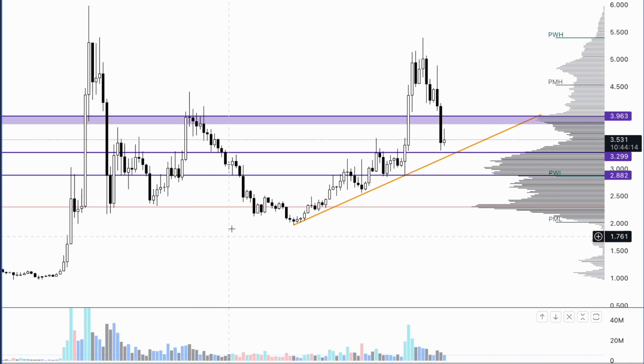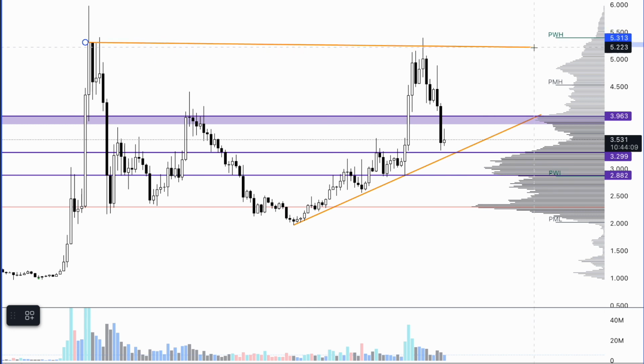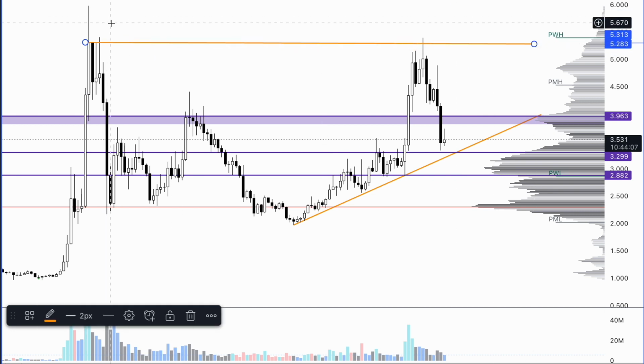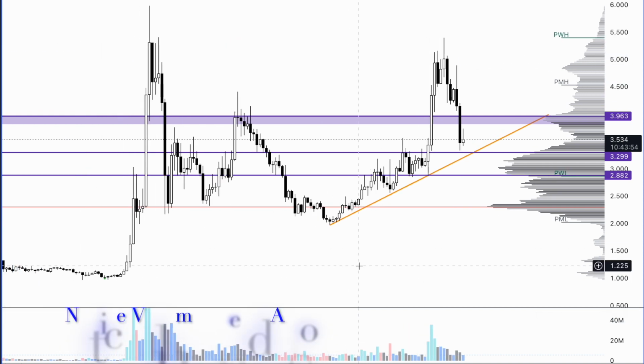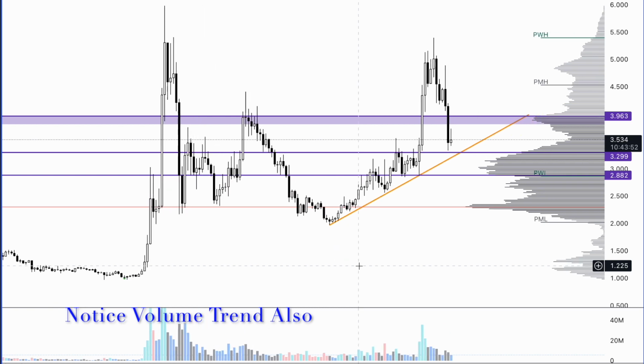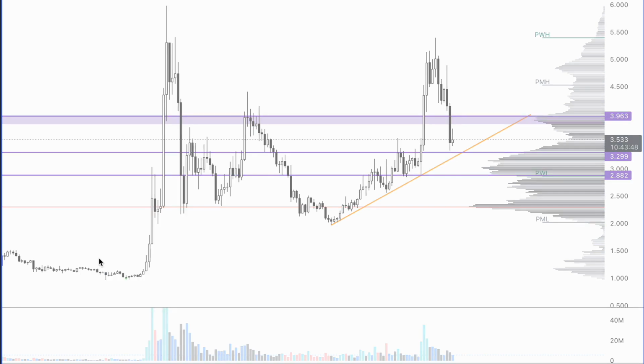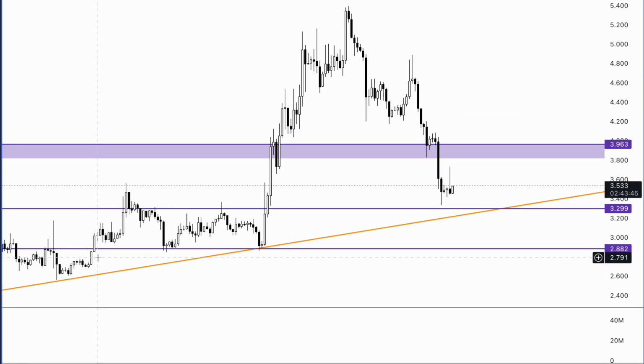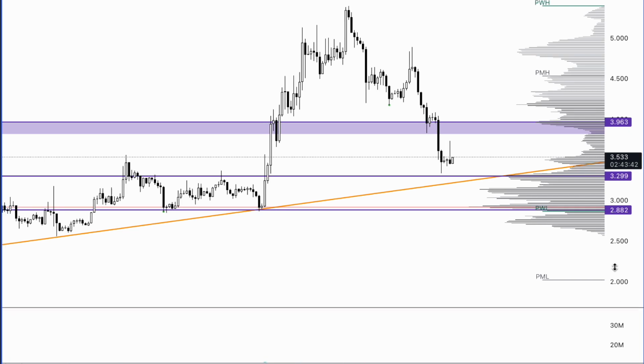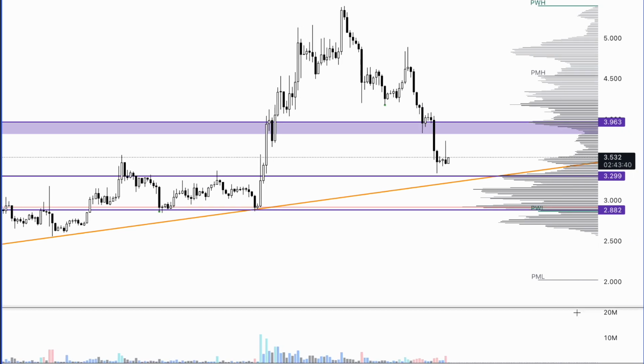I don't draw the line because I don't need to, because I can just see it. Even if you look at the wicks, or the bodies, you can see that the bulk of this peak was definitely higher on this first run up. So to me, I see weakness. I think it goes lower. I'm not going to enter here. There's just no real entry there. It just doesn't necessarily make sense to enter where it's at.